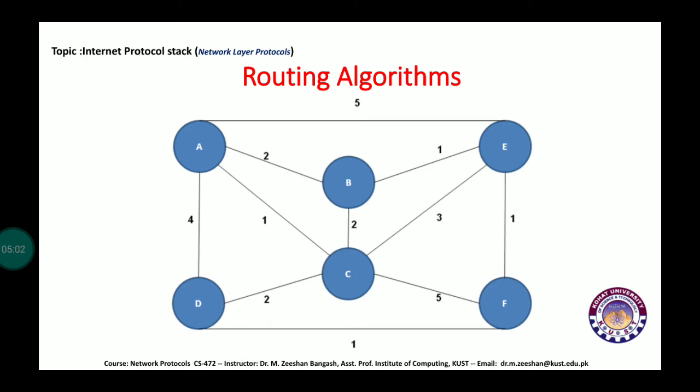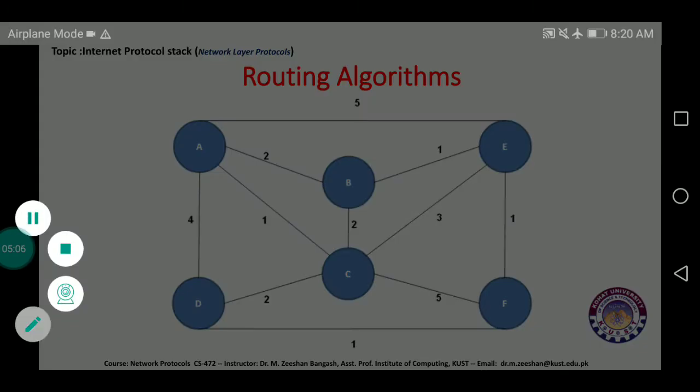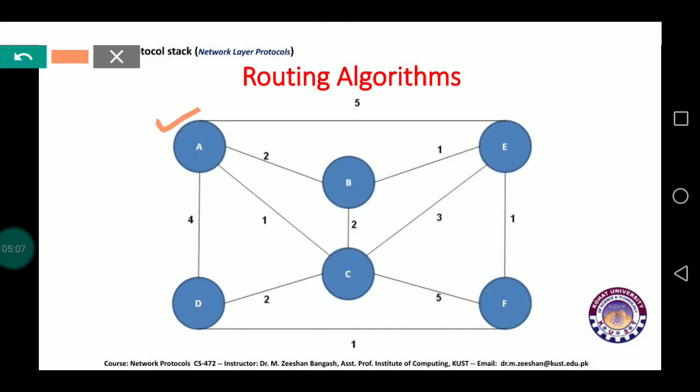We can see that nodes A, B, C, D, F and all these nodes are interconnected to each other. So we can view it as a graph, or a perfect example of an internet, where between a source and destination there are multiple paths.